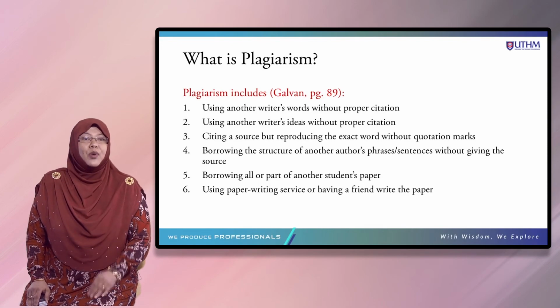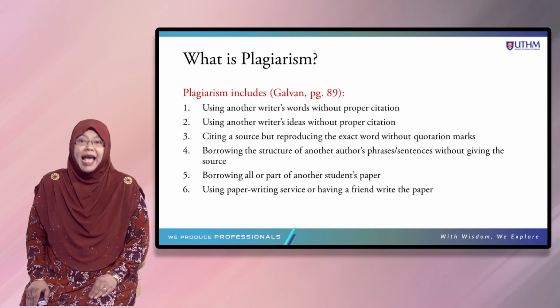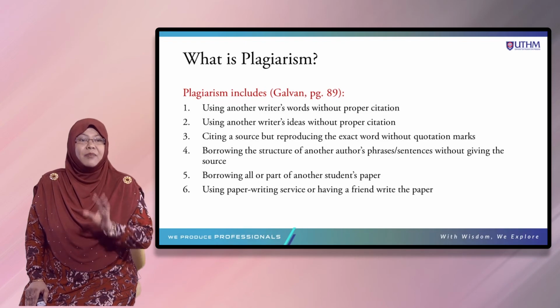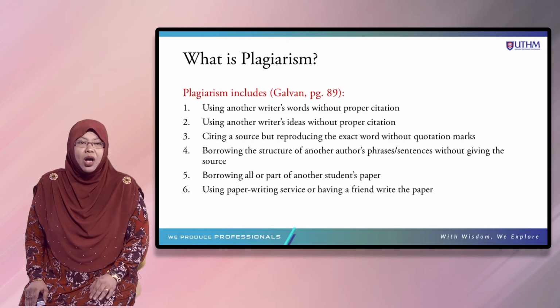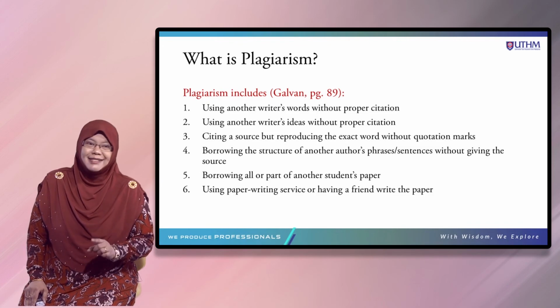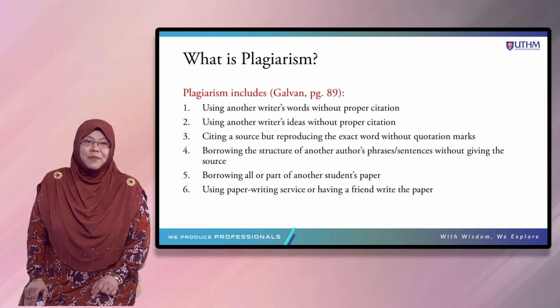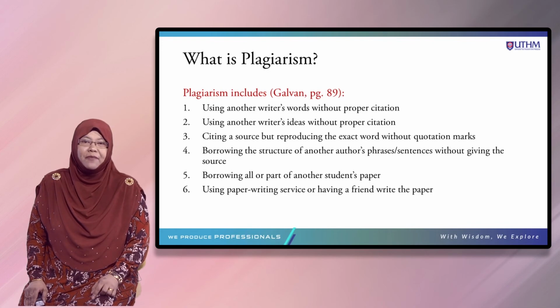Number 4, borrowing the structure of another author's phrases, sentences without giving the sources. Number 5, borrowing all or parts of another student's paper. And lastly, number 6, using paper writing service or having someone write the paper.